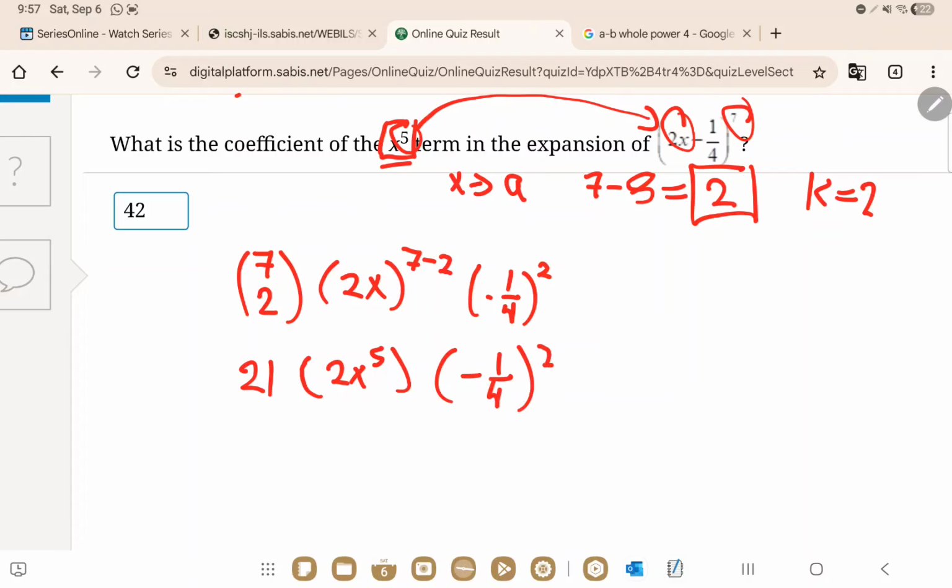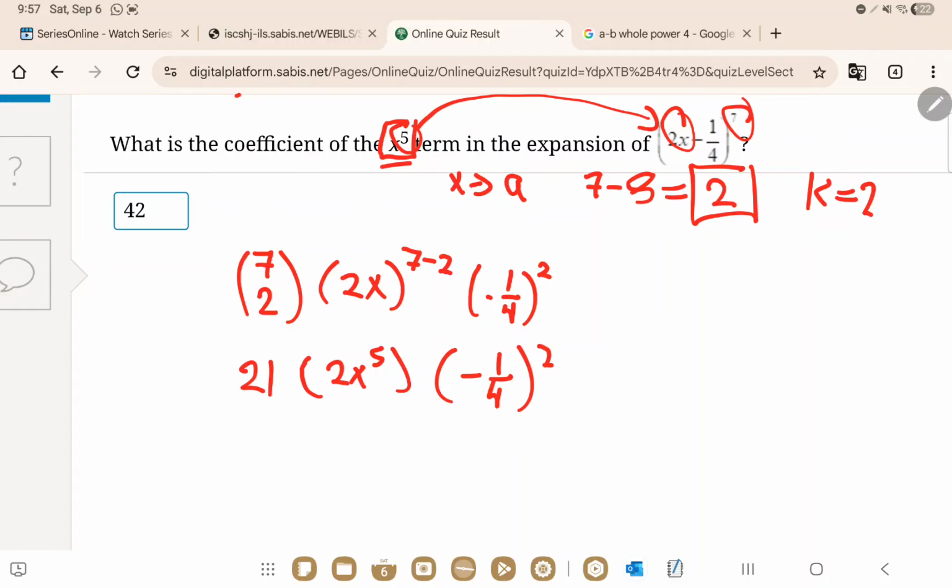Put this all into your calculator. You should get 21 times 2x to the power 5 times negative 1 over 4 all squared. Please put the brackets around the negative 1 over 4 when solving, because you will get a different answer if you do not.